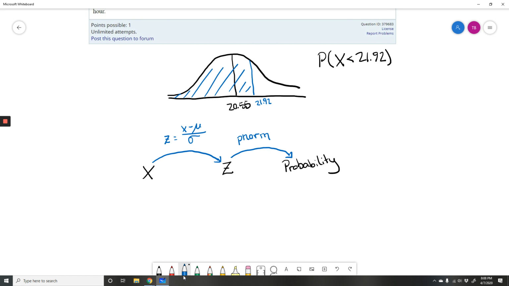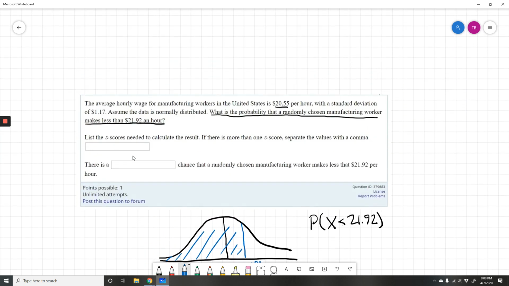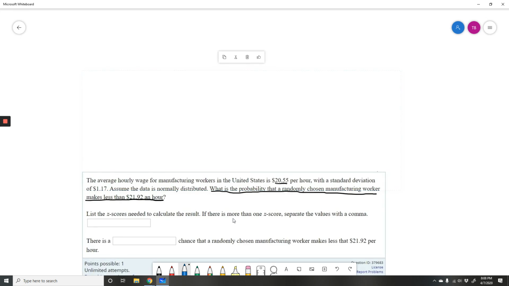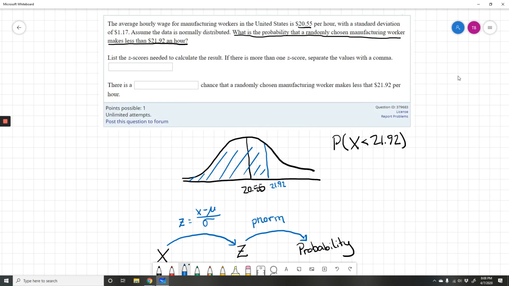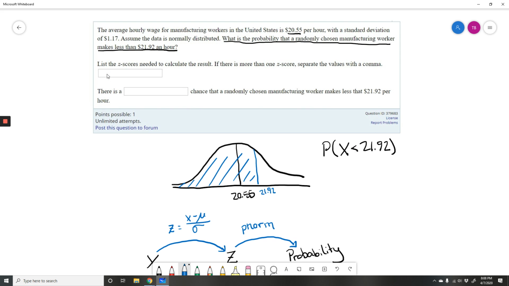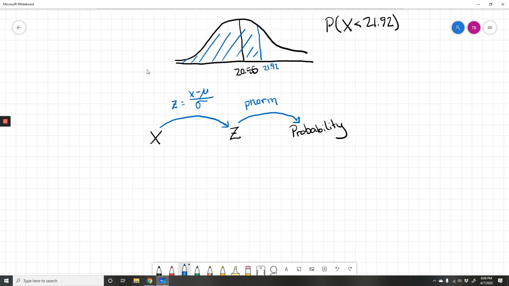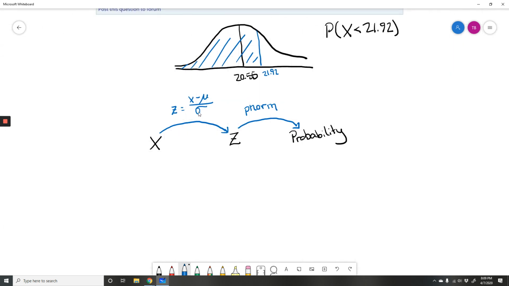So let's go ahead and do that. So first step, we need to find that Z-score. And if we look at the problem, we can see that that's the first thing it asks for. It asks us to list the Z-scores needed to calculate the results. Okay, so to get the Z-score, we're just going to use this formula right here.